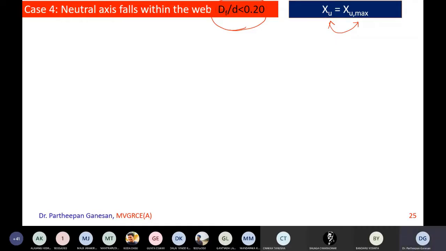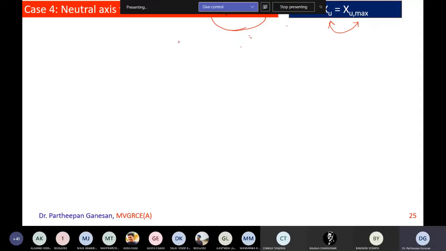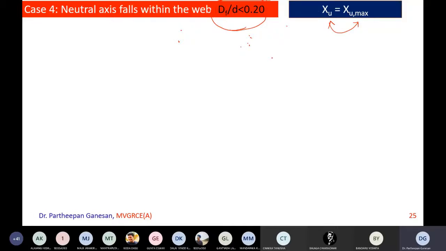Now, what is the Df by D point 2? Remember, your XU max by D, what are the different values? You have 0.48, you have 0.46, you have 0.53, right?